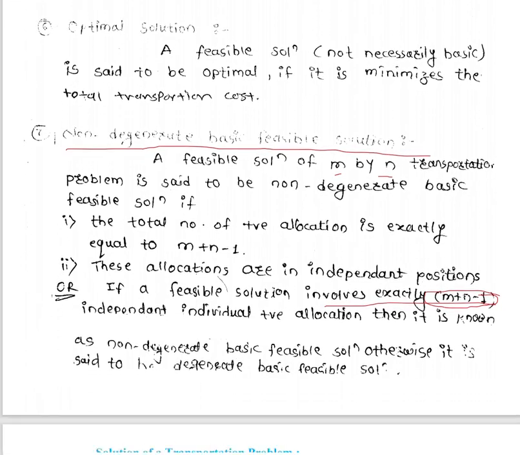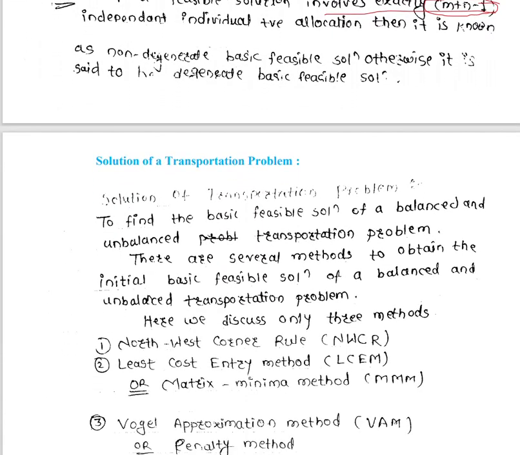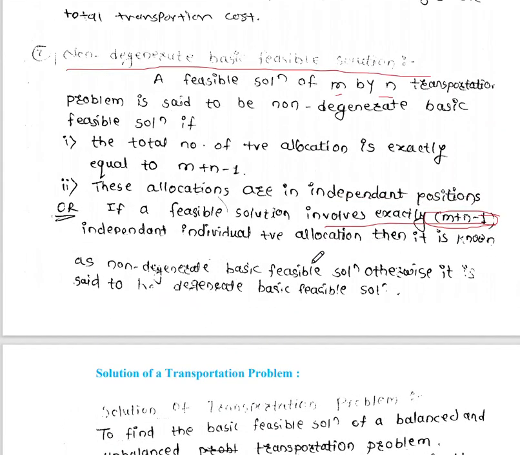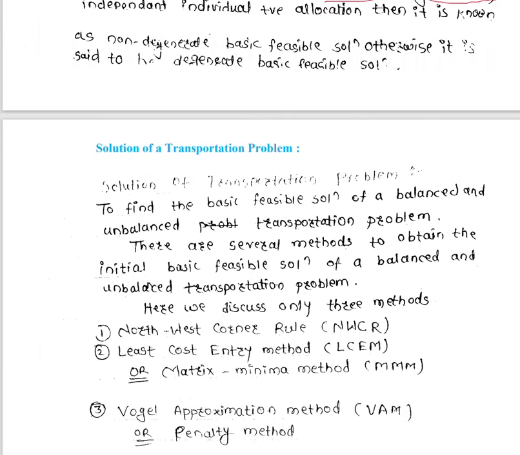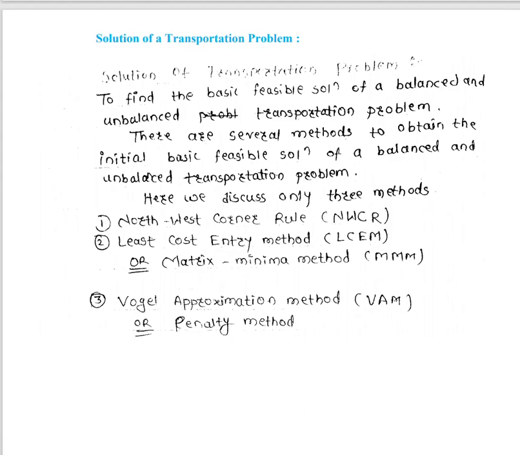Next definition is... okay, so here we have seen some definitions related to the transportation problem. Now we will see the methods of solution of a transportation problem: to find the basic feasible solution of a balanced and unbalanced transportation problem. When we solve problems, the problem may be of the balanced or unbalanced type.